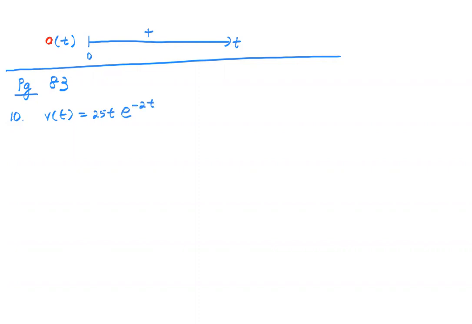Now use technology to help sketch the velocity function. Everyone, take out your graphic calculator and sketch. Remember, t is greater than or equal to 0. You put your t, you go to window, you put your x minimum as 0, your x maximum as maybe 3, then you do a zoom fit.